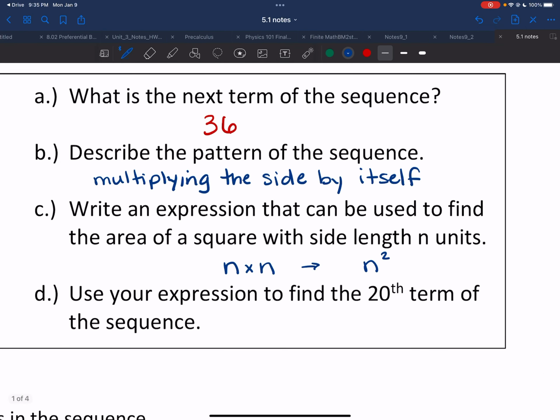Use your expression to find the 20th term of the sequence. Okay, the 20th term would be 20 squared, and that's going to give us 20 times 20, which is 400. I could also do 20 times 20, right? It's just a little bit easier. Having it squared is a little bit more efficient.